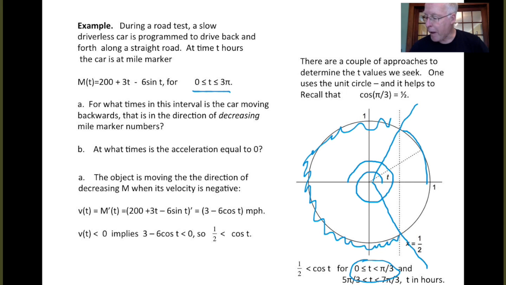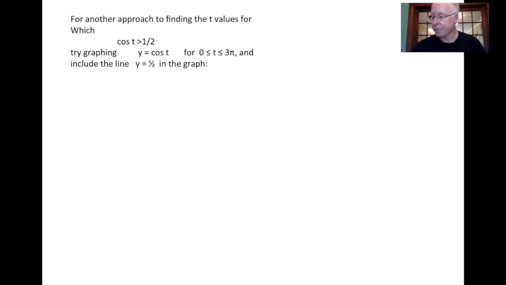And when we get back up to this upper part, this upper ray will be at 7 pi over 3. And then we continue to 3 pi, and those are all the t values. So for the interval of interest, 0 to 3 pi, we have the t values for which the velocity is negative right here. And of course, again, t is measured in hours.